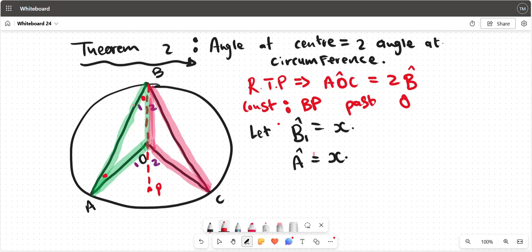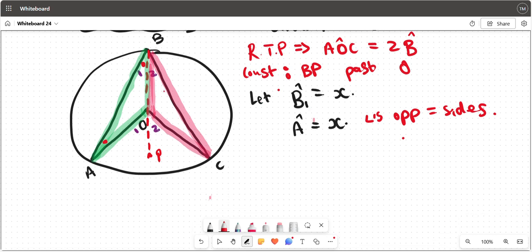Since these 2 lines are the same, the angles inside of those 2 guys are going to be equal. My reason here is angles opposite equal sides. So that's why I'm saying those guys are the same. Then I've asserted that A will also be X.